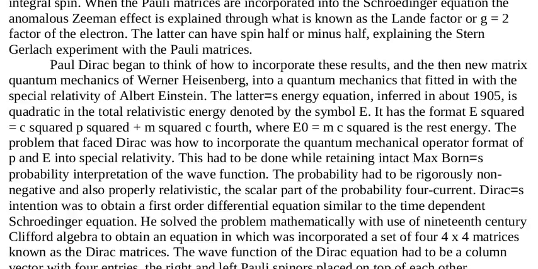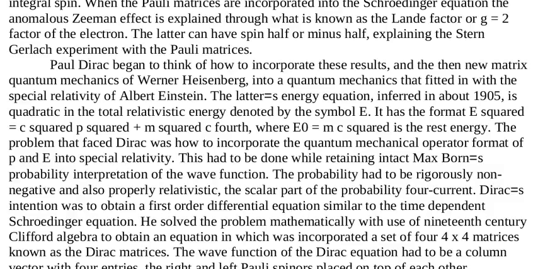Paul Dirac began to think of how to incorporate these results and the then new matrix quantum mechanics of Werner Heisenberg into a quantum mechanics that fitted in with the special relativity of Albert Einstein.